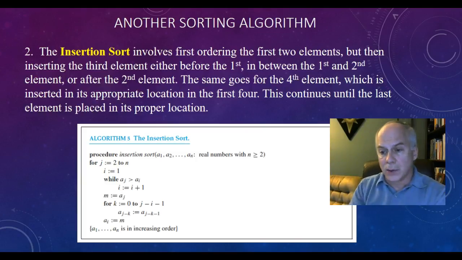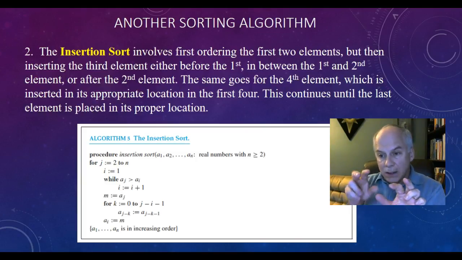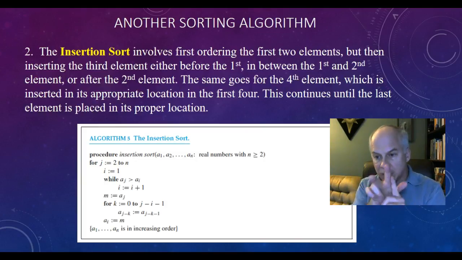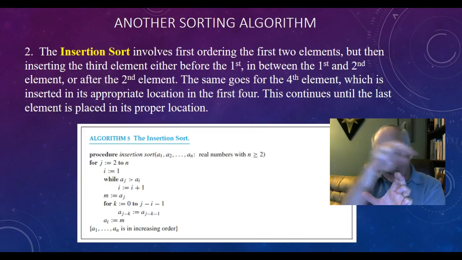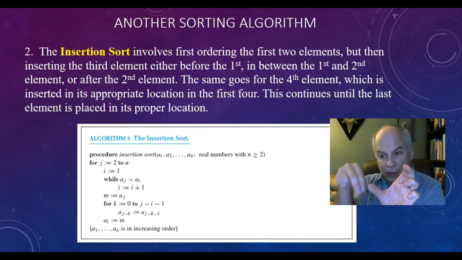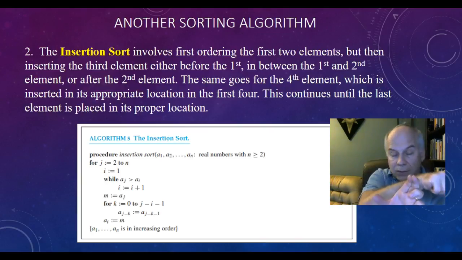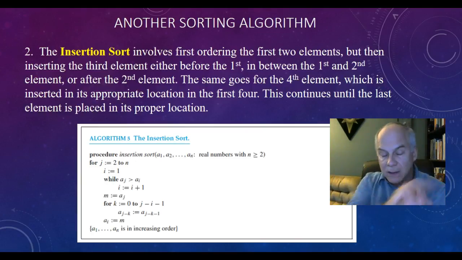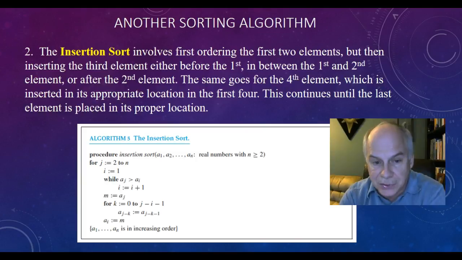So you're always first getting the first 2 elements in order, the first one lower, then the second one higher, and then it looks at the third one and either puts it before the first, in between the two, or after. So it's always bringing them in like that, and it's an interesting algorithm, and it's more efficient than the bubble sort.